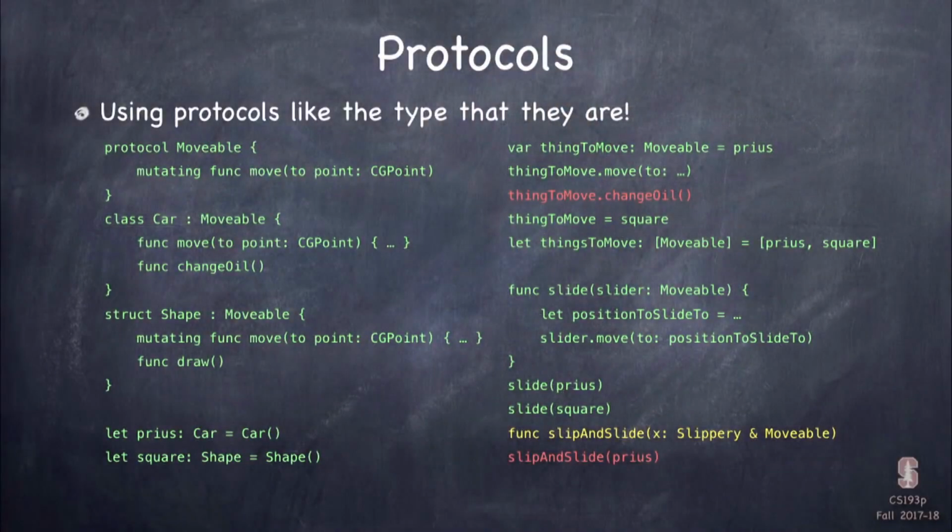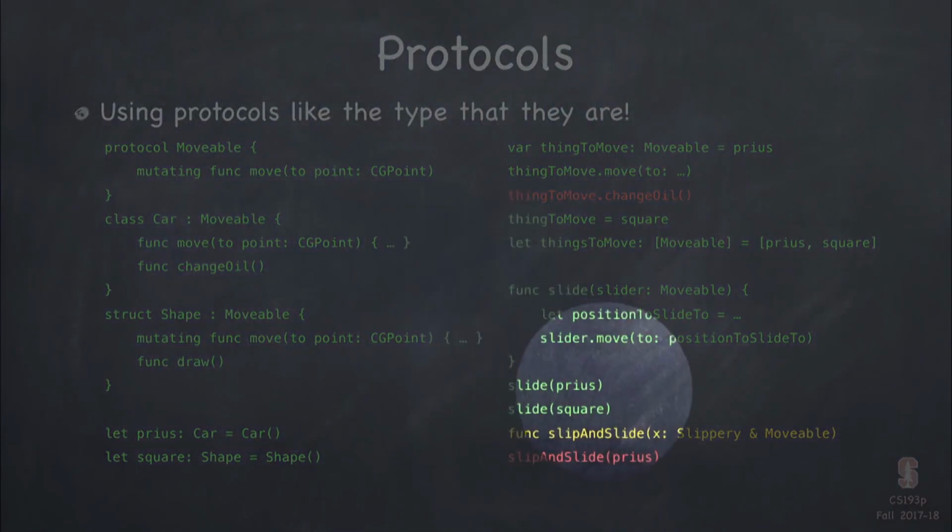Yeah, question? In that last slide, you had thingToMove set to Prius and square. And when you call a function, here, let me back up, sorry. So you had thingToMove set to Prius first, and then you set it to square.